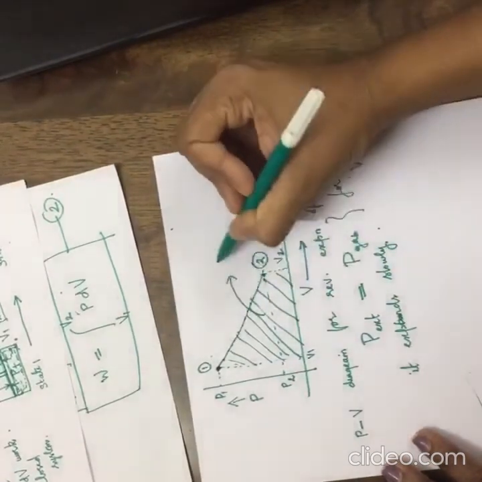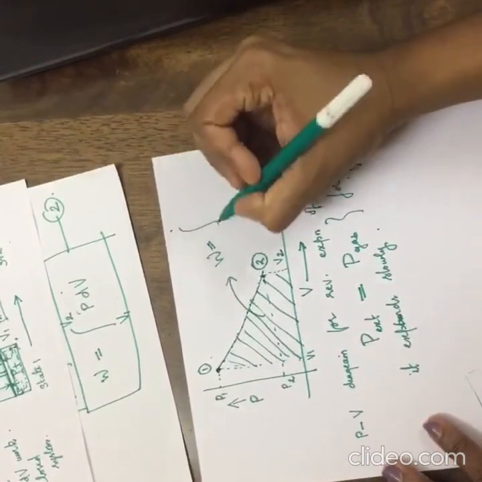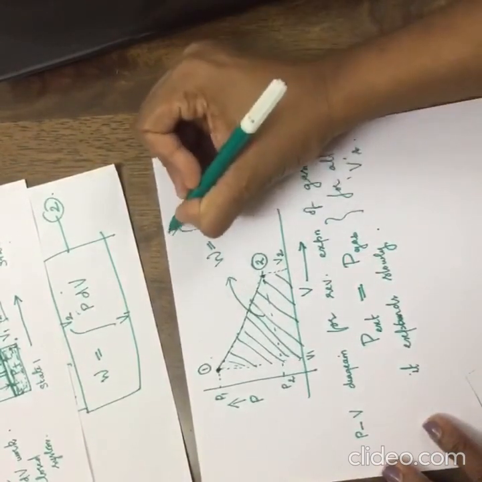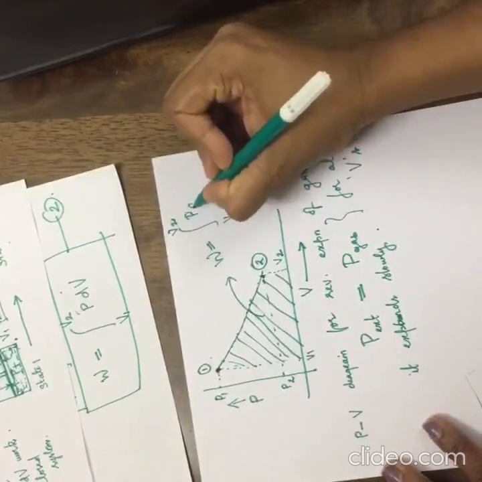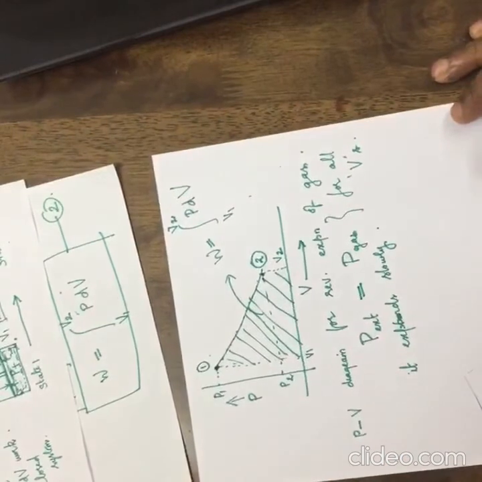So this area under the PV plot represents the work done, the integral of PdV between the limits V1 to V2, during the reversible expansion of the gas.